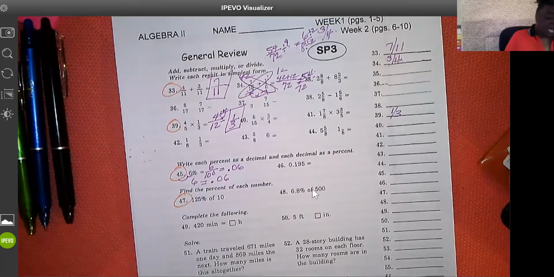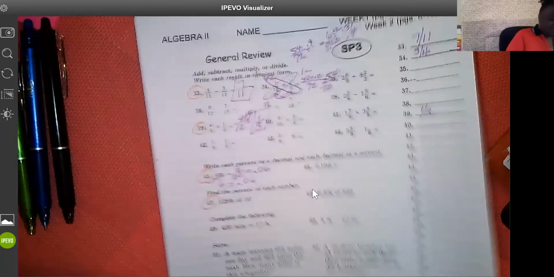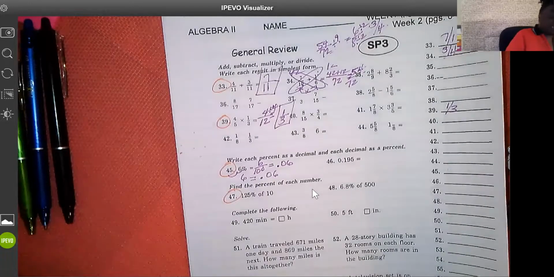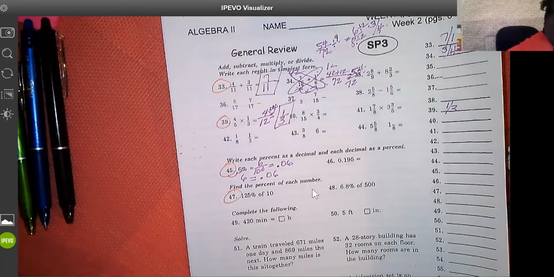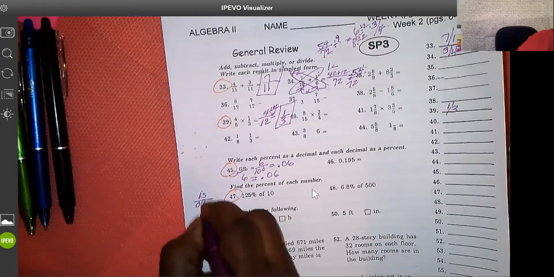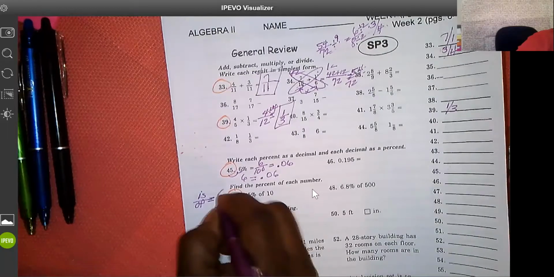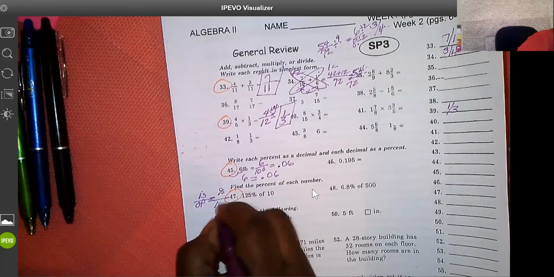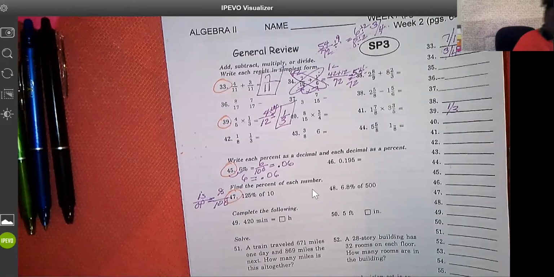Now, number 47, a nice formula I like to use when we're using percents and decimals is is over of equals percent over 100. We always know our percent is out of 100, so we know to have that as a denominator.